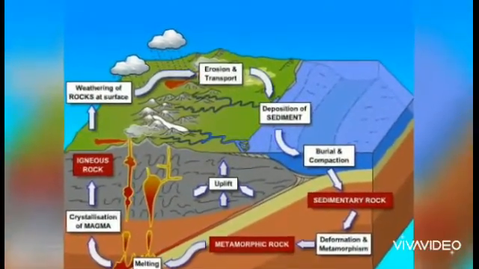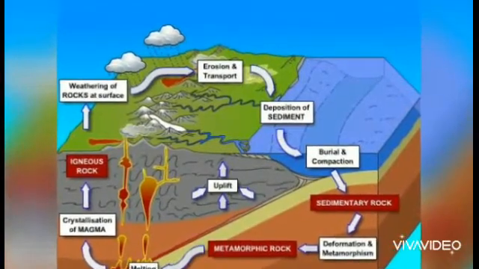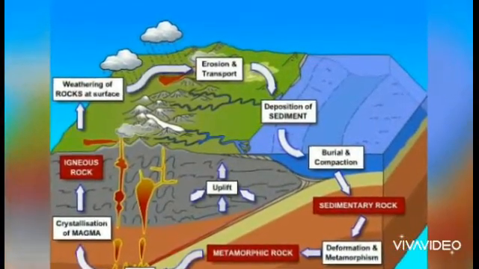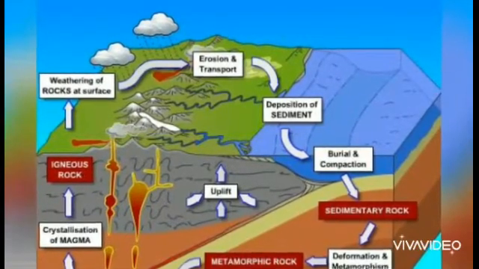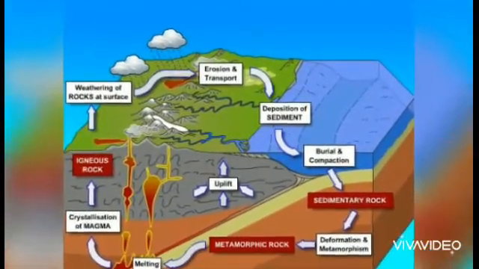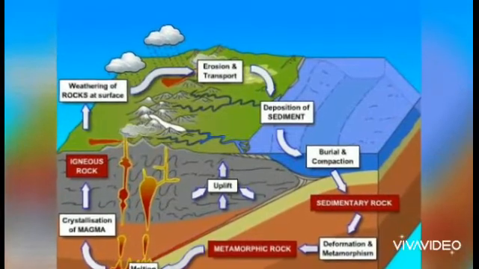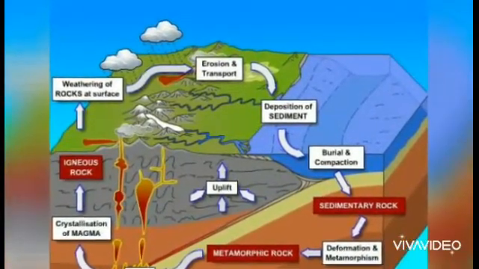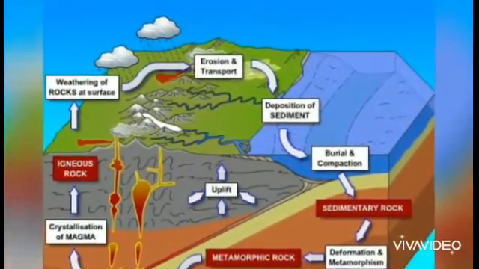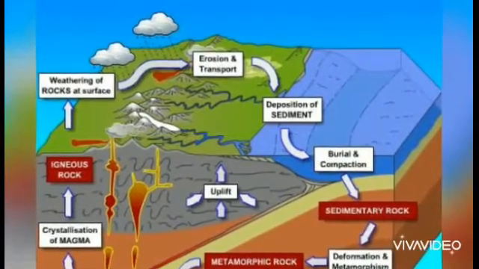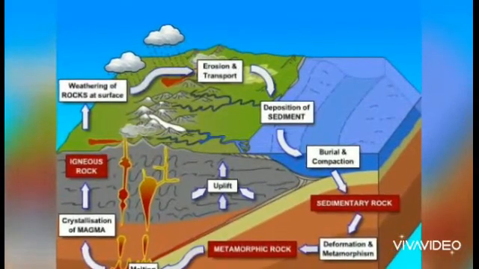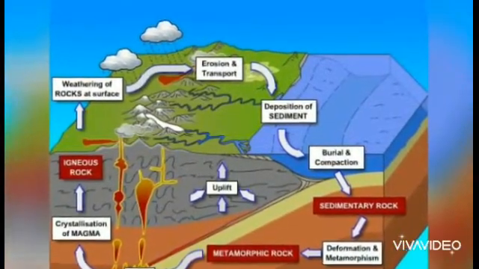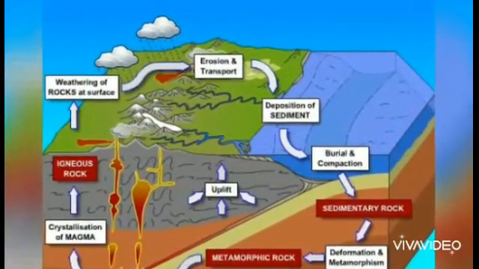Sedimentary rock is compacted sediments which can come from any other rocks plus remains of living things. It can erode back into sediment or be pressurized into metamorphic rock and be melted to magma, which forms igneous rocks.